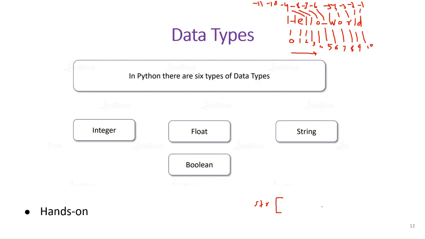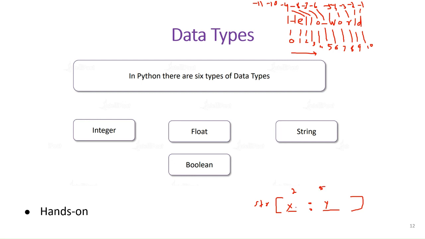I want to print all the letters from a starting location to an ending location. For that purpose, this is the syntax used: string, square bracket, a colon. Before the colon is the starting index, after the colon is the ending index. So if I want to start from 2 to 5, I have to write 2:5.